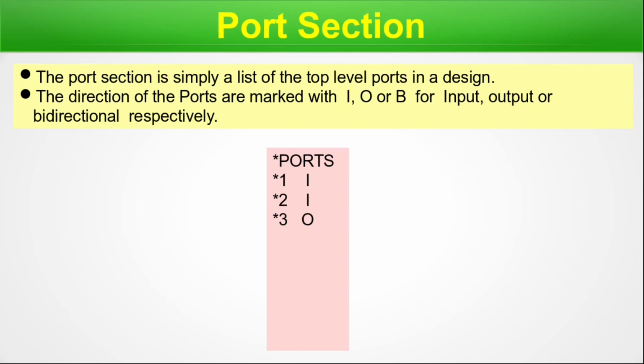And we have star3, the value is O. Star4 has value O. Star5 has value O. Star6 has value O. Star7 has value O. Star8 has value B. And star9 has value B. So please don't confuse this I and O with 1 and 0. These are I and O. Whatever you have in the port section, those are I and O in the right hand column, and don't confuse them with 1 or 0.